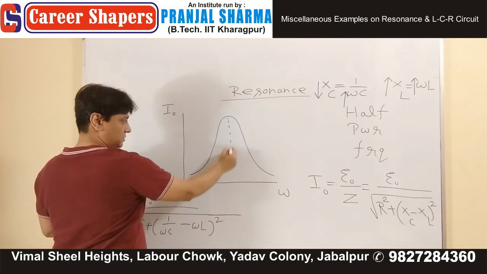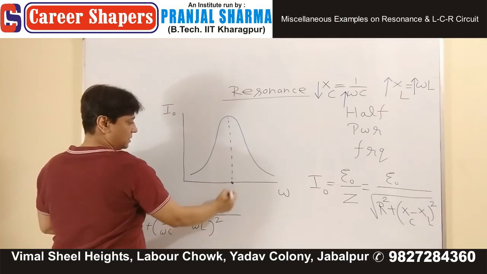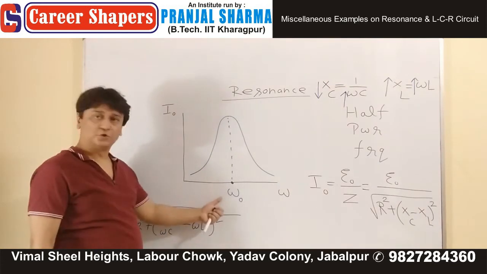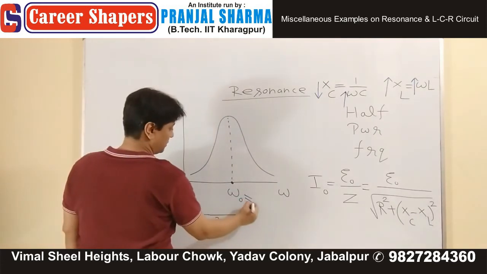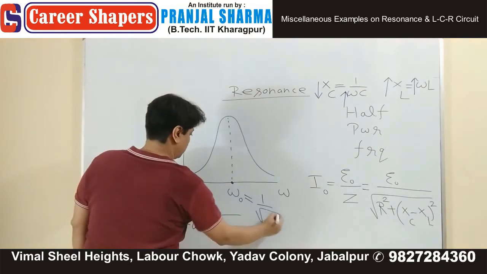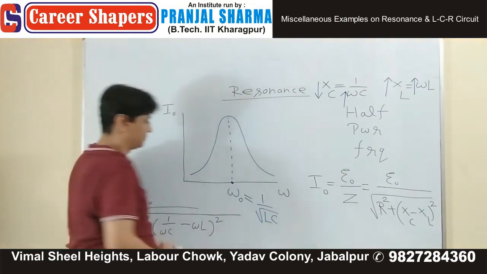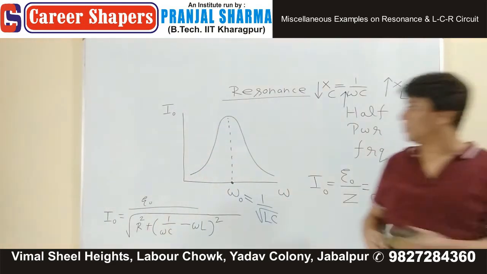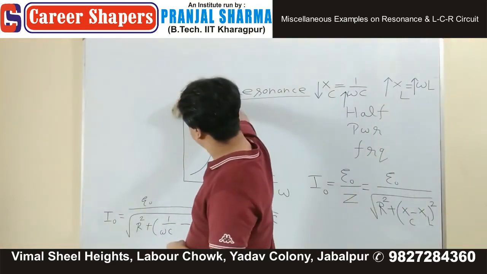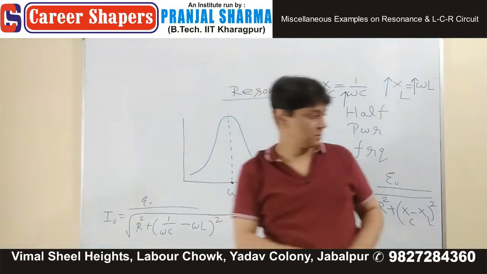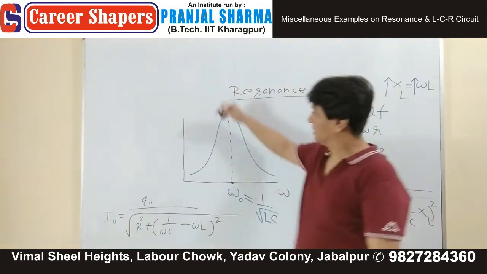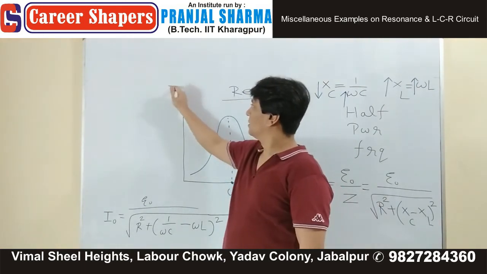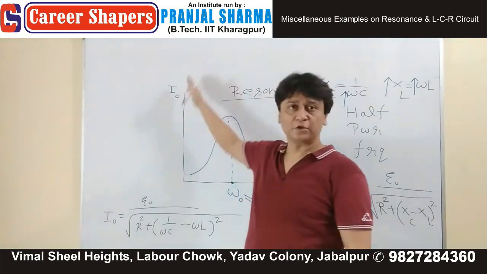This is omega naught, the resonating frequency, 1 upon root LC. When this is 1 upon root LC, this I naught is for the peak current.